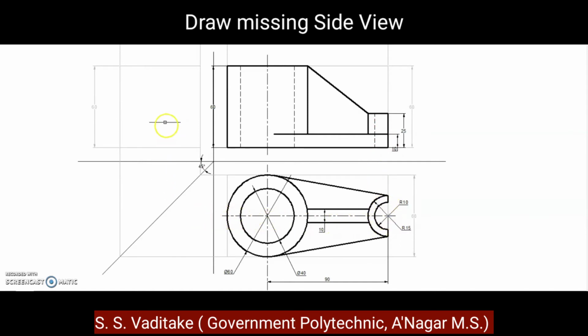So for this draw a center line, draw the projections from this point, and again draw the projections from this up to here. Then draw the center line. The center line will be like this one.